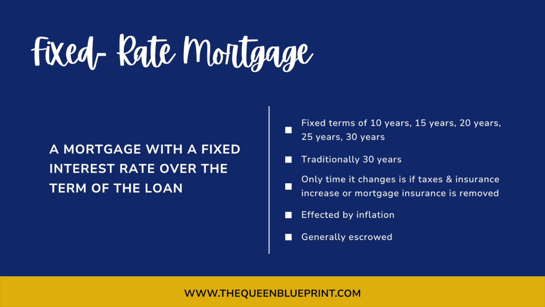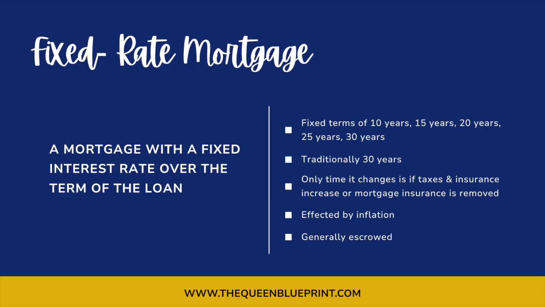It means that you have fixed terms of 10 years. Most people don't know. They're like, oh, mortgages means that I have to be stuck in here for 30 years. That is not true. You can have a 10-year term, 15-year term, 20 years, 25 years, and 30 years. 30 years is just the max, okay?